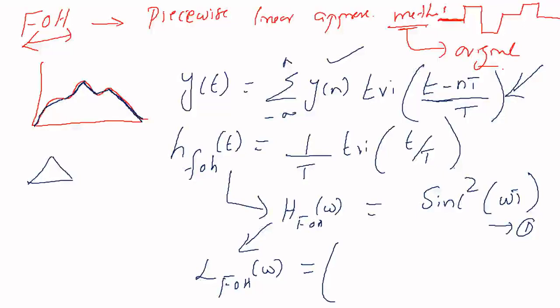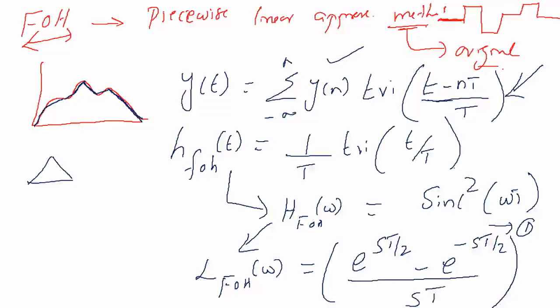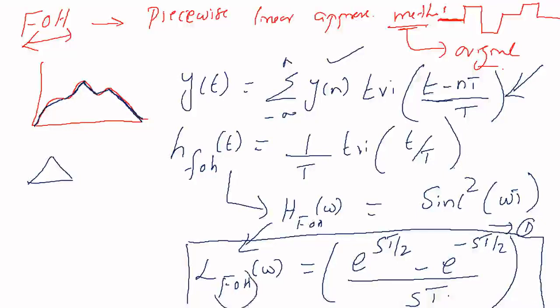So within the Laplace transform, e power sT by 2 minus e power minus sT by 2, over sT by 2. This is the Laplace transform of the first order hold circuit.